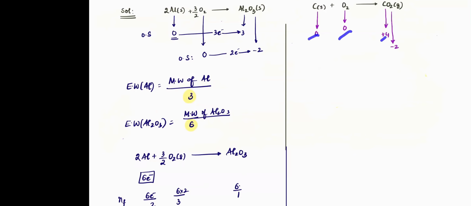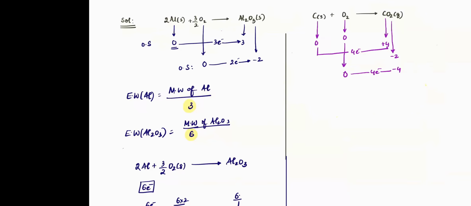These are the respective valency factors of each and every element. Now check, from 0 to 4, how many electrons are transferred here? From 0 to 4, 4 electrons have been transferred. And there are two oxygens. Two oxygens still carry 0 charge, and two oxygens will carry -4 charge here. So how many electrons are transferred? 4 electrons transferred. So in both cases, 4 electrons got transferred.